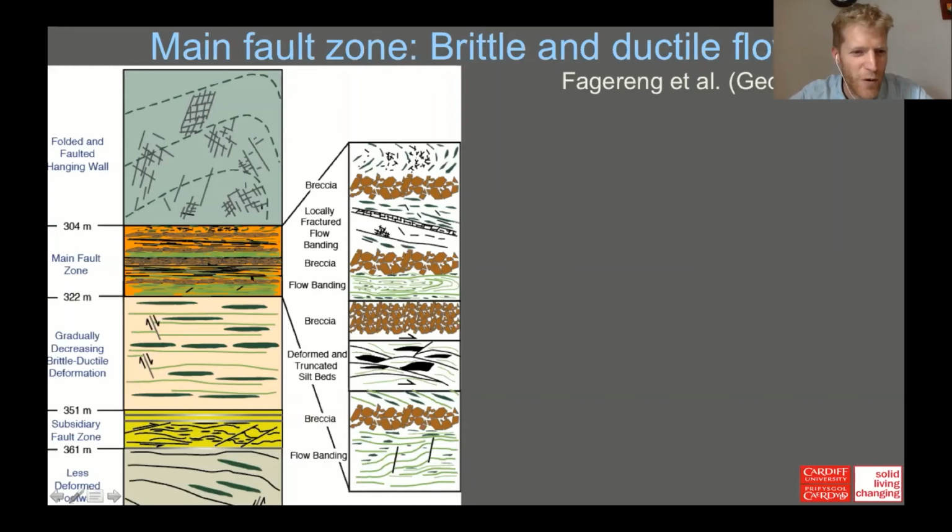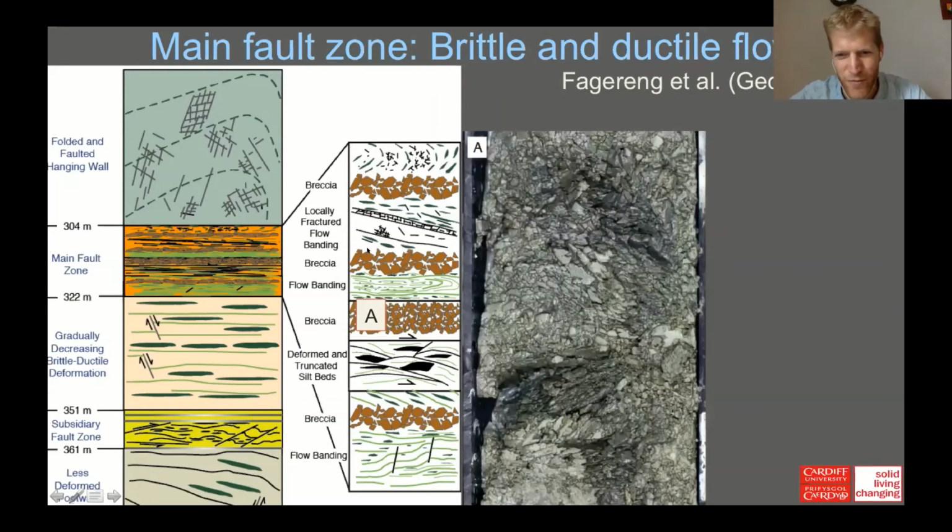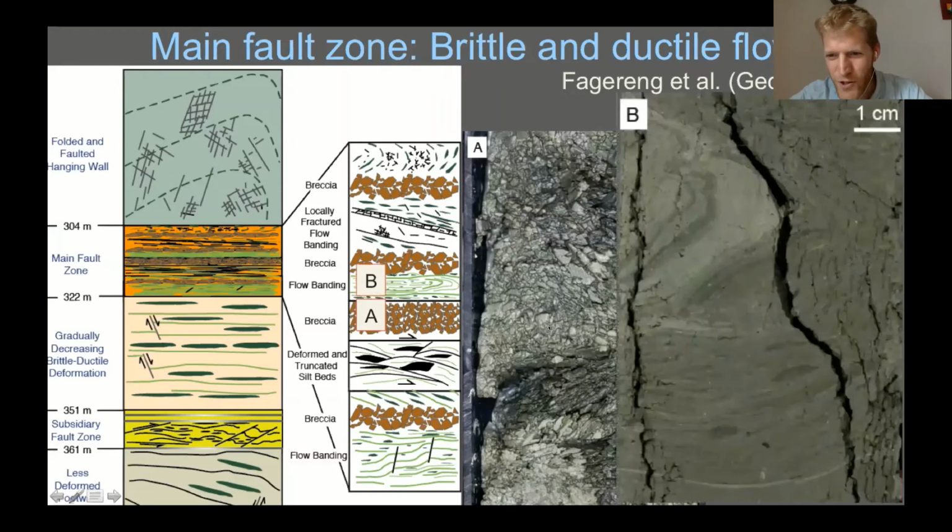But this more intense 20-meter zone is made of a variety of things, but basically a mix of rocks that look like this, so rocks that are broken apart, fractured into little bits, and rocks that look like this, which looks more like the flowing rocks in my early images.